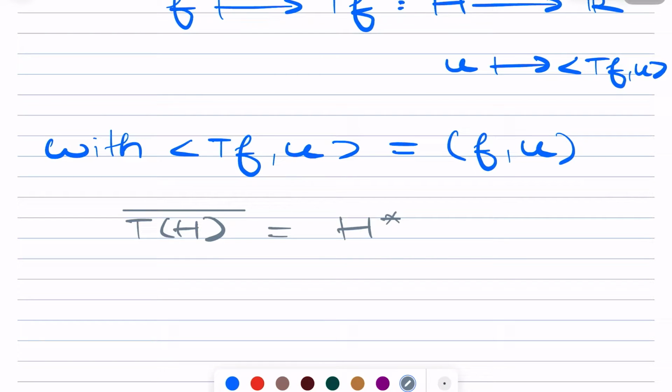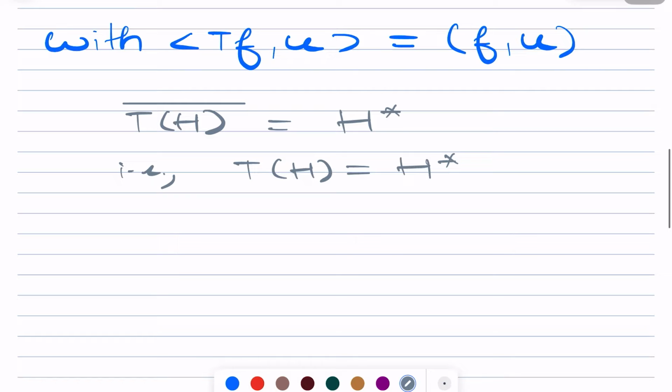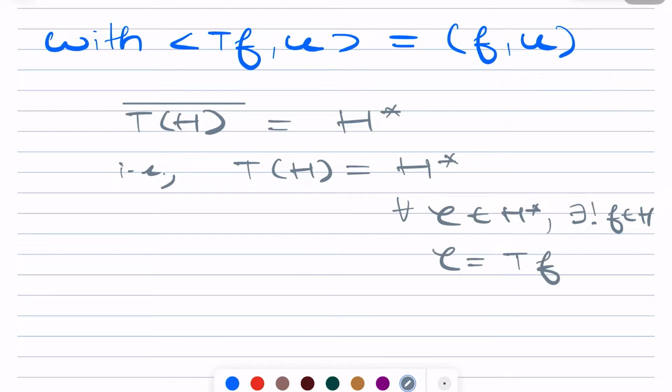So this will mean that T(H) is exactly H star, which means that for every phi in H star there exists, and we can prove uniqueness later, a unique f in H such that phi is exactly T(f).